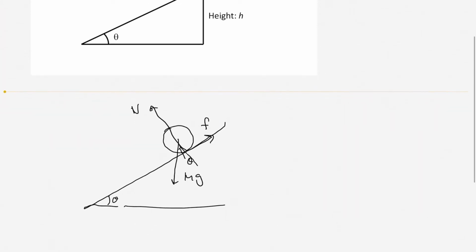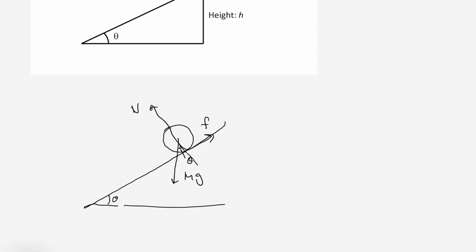We can decompose the gravitational force directed downward into the direction perpendicular to the slope, which is mg cosine theta, and the direction parallel to the slope, which is mg sine theta.